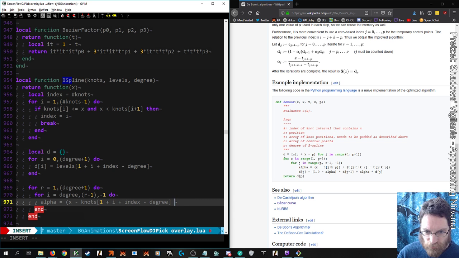Index minus degree divided by, and then this is all of the numerator and all of the denominator.